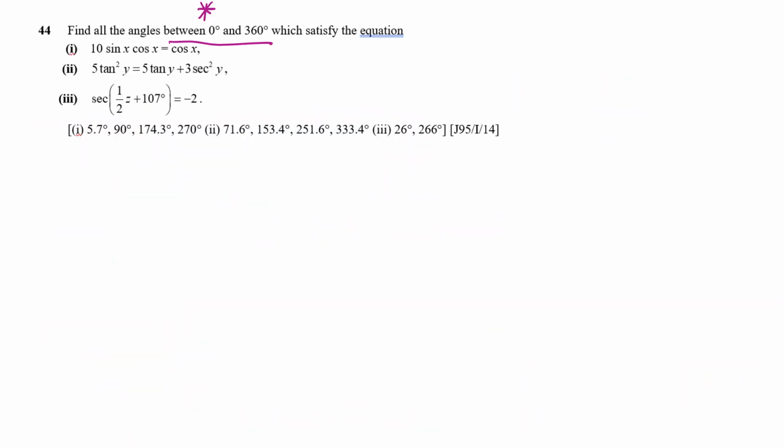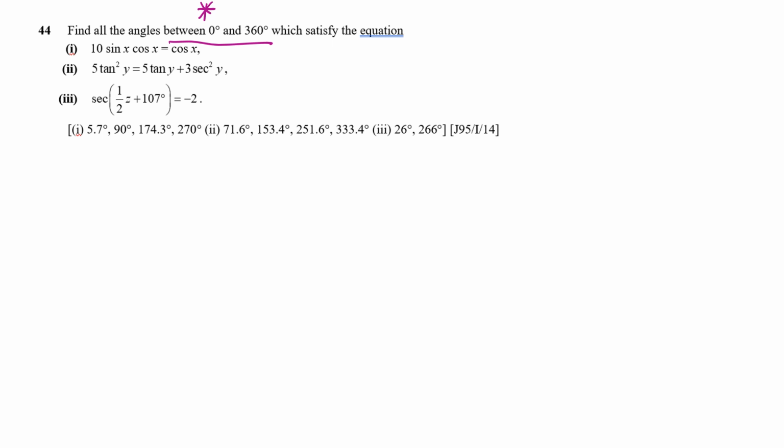So, solving trigo equations. Now you realize that there are variations of different types of questions that you'll be faced with, like solving trigo equations with just one single ratio, in terms of sine, cosine, or tangent.